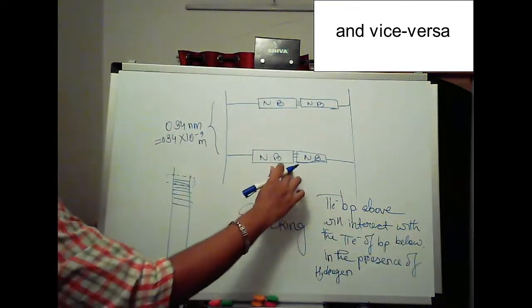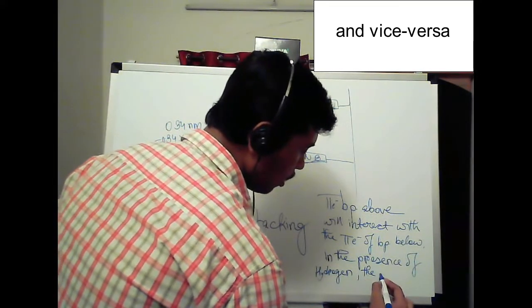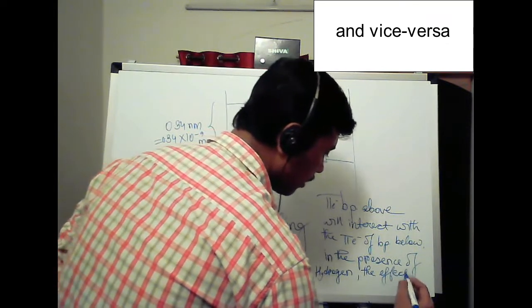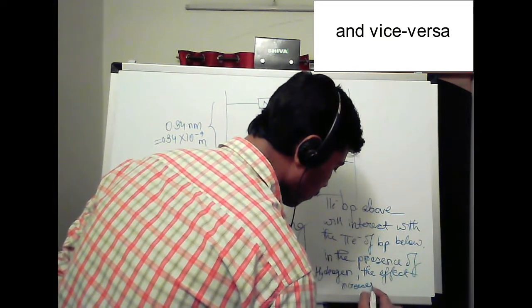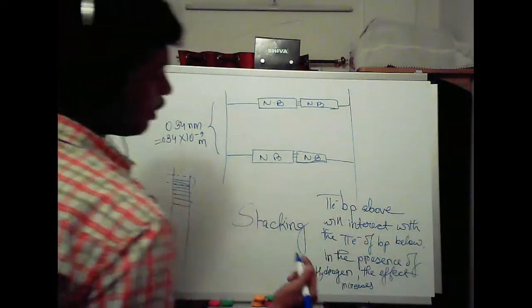Where is the hydrogen present? In the bonds. In the presence of hydrogen, the effectiveness, the effect, increases. What happens when the effect increases?